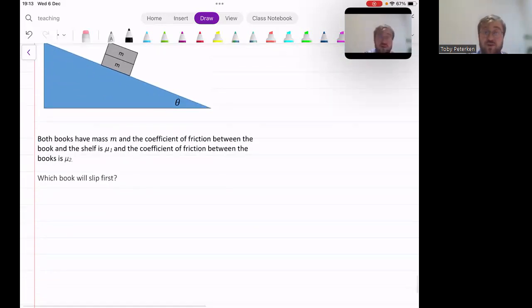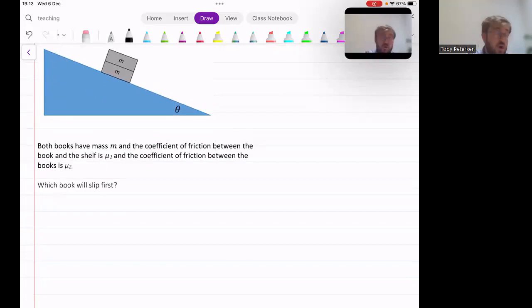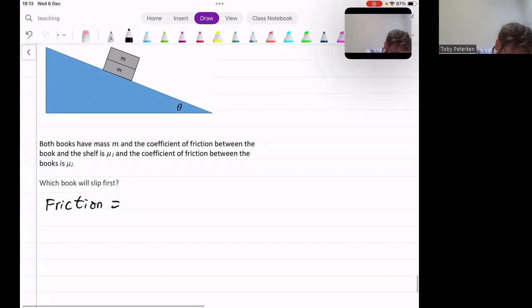Again, we're looking at the limit of which one's going to slip first. And so we're going to have friction equals mu R, because we're at the limit of slipping.